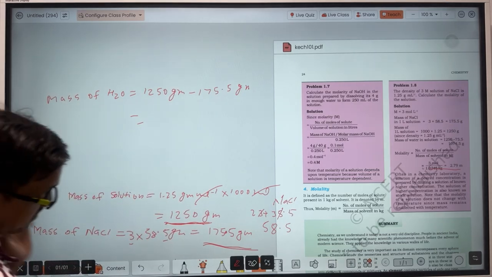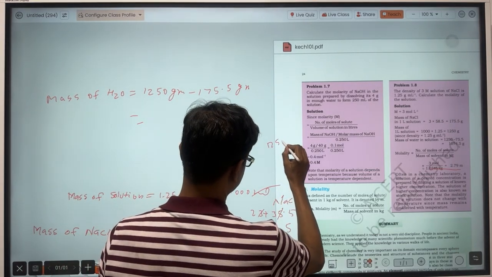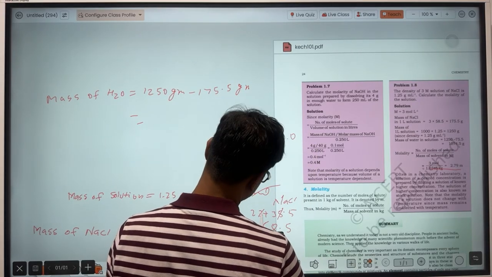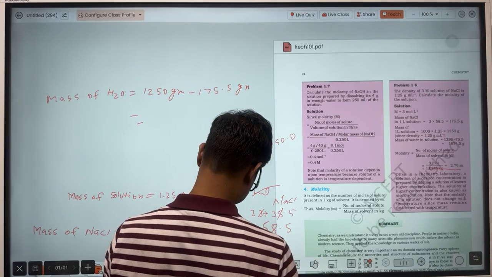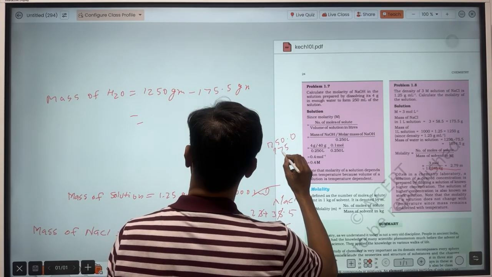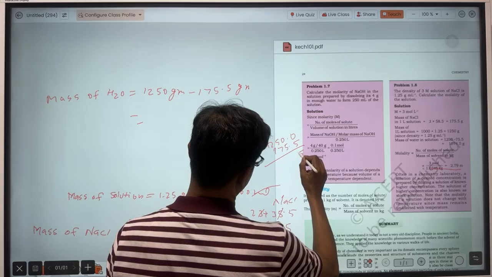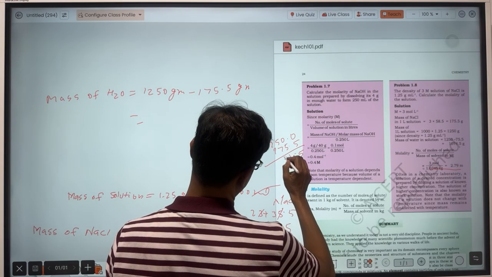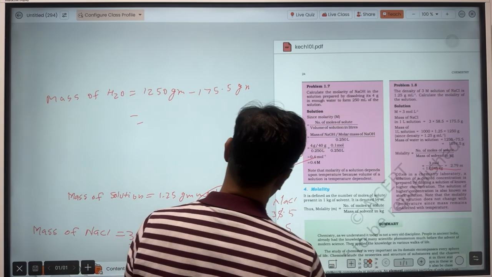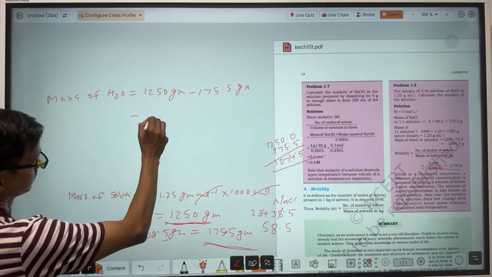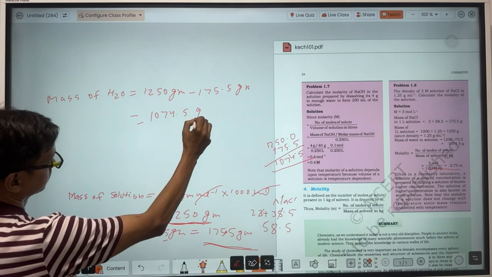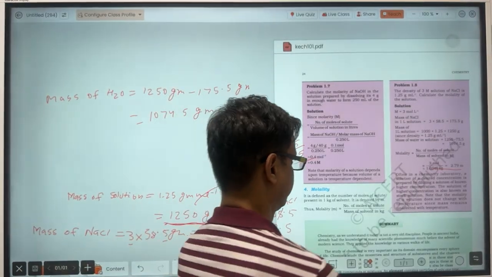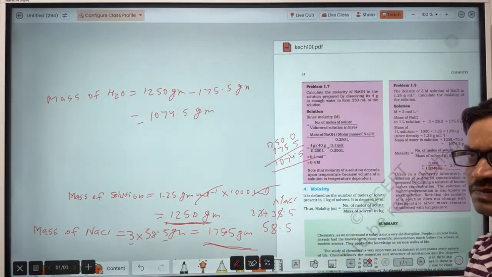Calculate that here. This is the mass of water, that much.